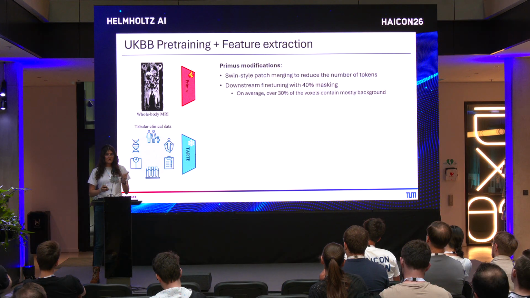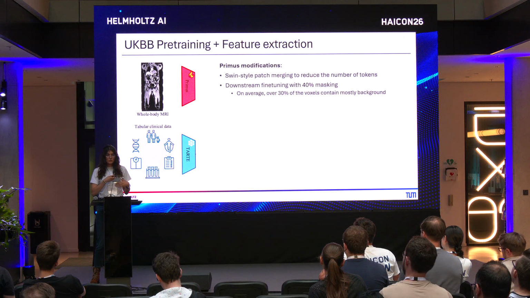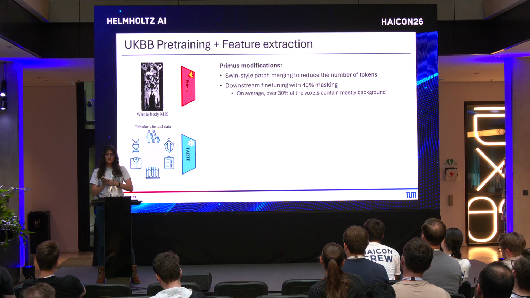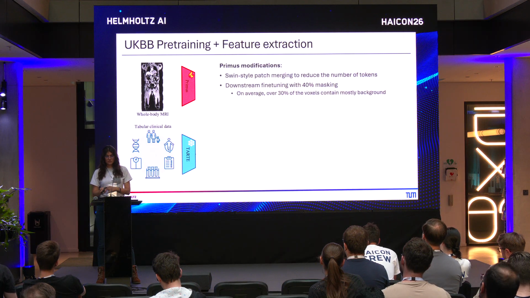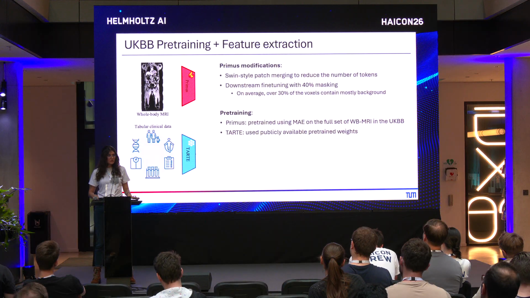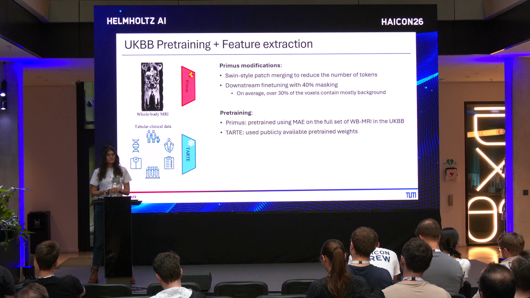one characteristic of these images, and it's the fact that always around 40% or more of the tokens in these images contain only background. So we are always eliminating them, which gives us the advantage of reducing noise and also reducing the computational burden. So now that we have this, we pre-trained our imaging backbone using masked autoencoding, a standard pre-training strategy with 90% masking, and TabPFN is an established tabular foundation model.